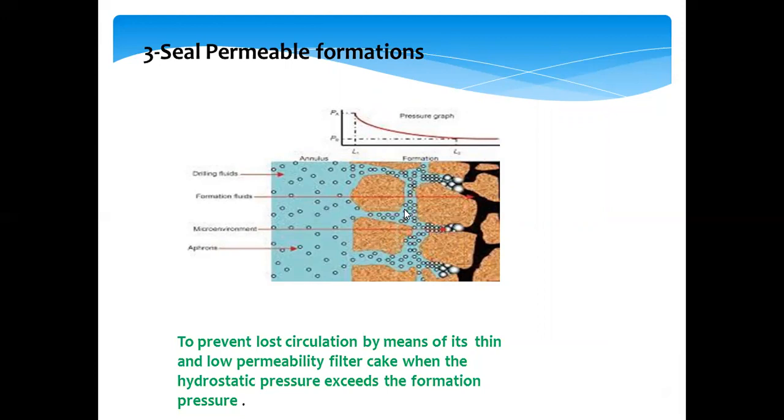So we use the drilling fluid to prevent that problem from happening. Mud is designed to build a thin, low-permeability filter cake, and that cake will be deposited on the wall of the well bore to limit the invasion of the drilling fluid and to prevent lost circulation problems. Okay.